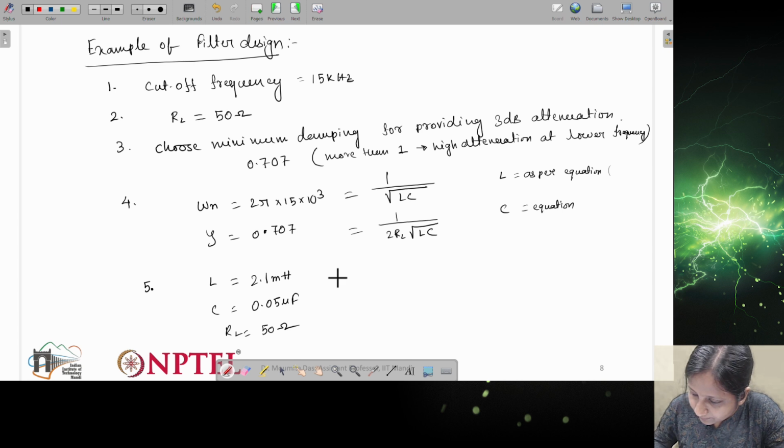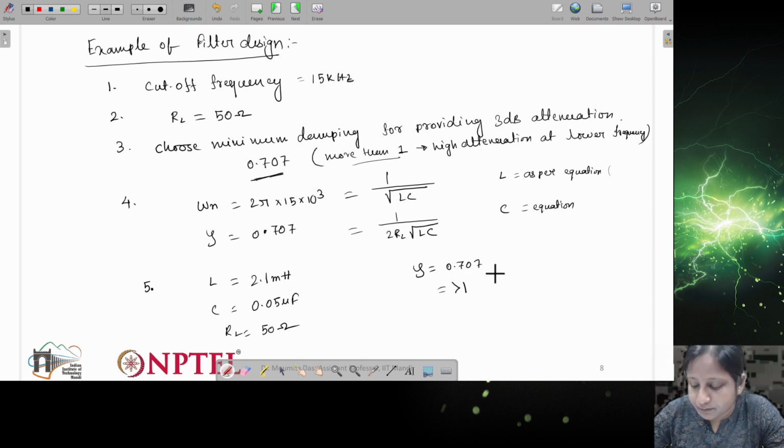So generally, this zeta, whatever you are selecting as 0.707, more than 1 is also acceptable, right? You can select 0.707 or you can select more than 1, anything is acceptable.